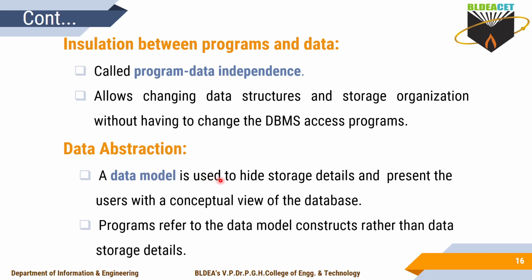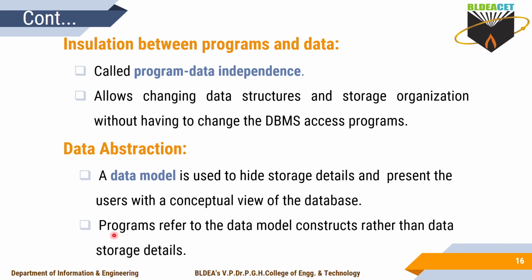Data abstraction. A data model is used to hide storage details and present the users with a conceptual view of the database. So how data is stored, all that information is hidden. Any user, if they want to view, they can see only that particular record. Programs refer to the data model constructs rather than data storage details.